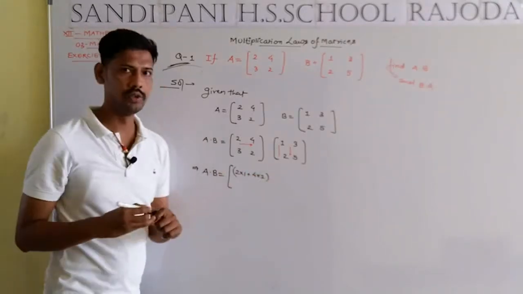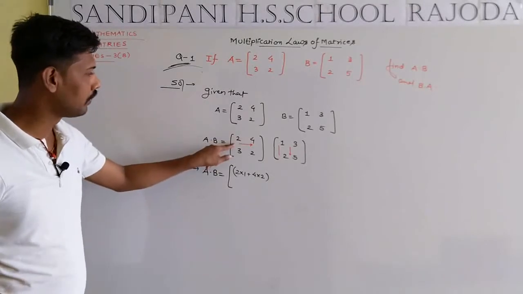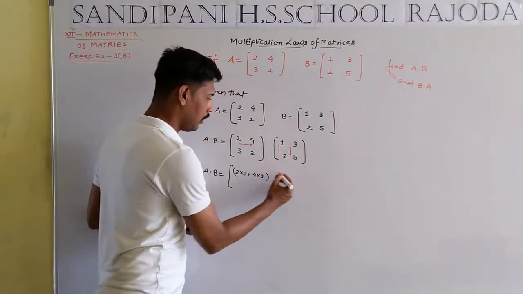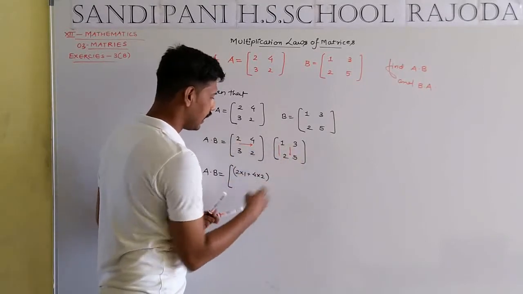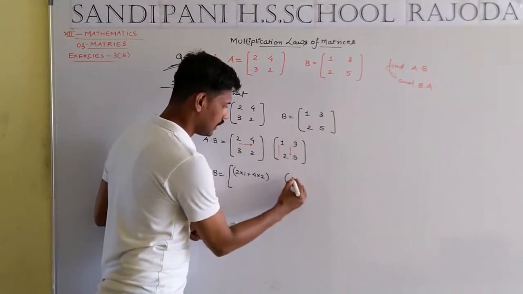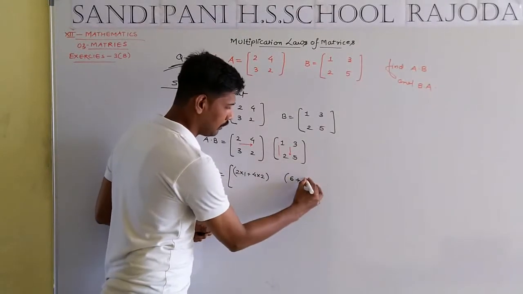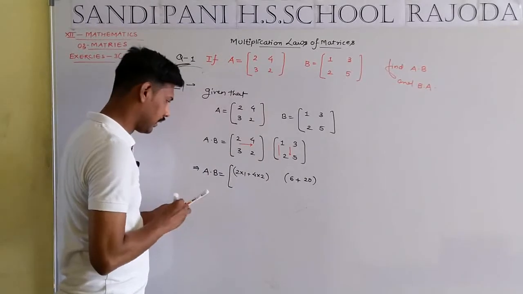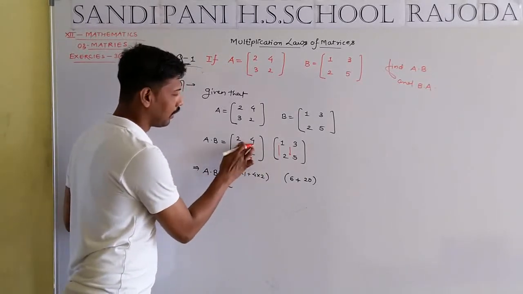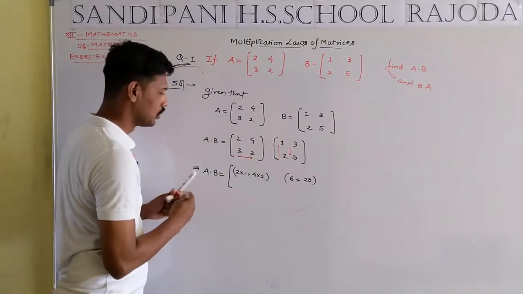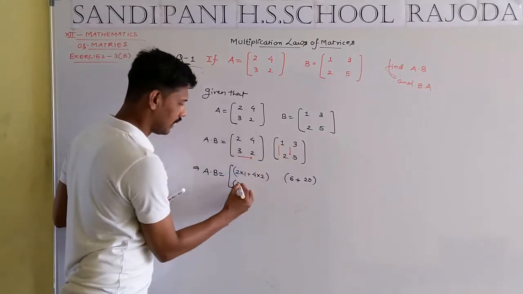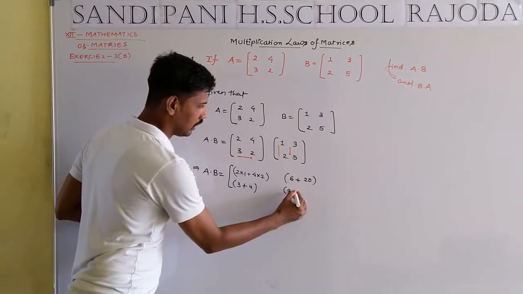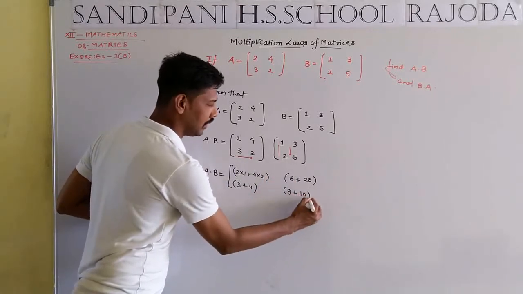Now first by second: 2 times 3 is 6, 4 times 5 is 20. Finally the second row by the first column: 3 times 1 is 3, 2 times 2 is 4, 3 times 3 is 9, 2 times 5 is 10.